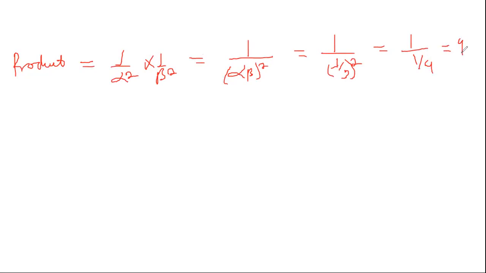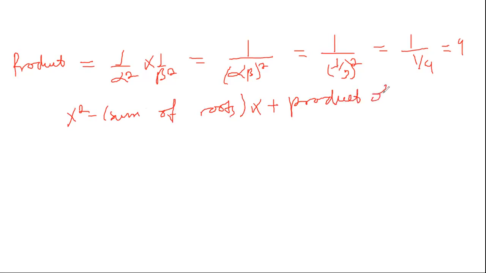So we still substitute in our equation, which is x squared minus sum of roots x plus product of roots equal to 0. So x squared minus 7 times x plus 9 is equal to 0. So that will still be our second equation.